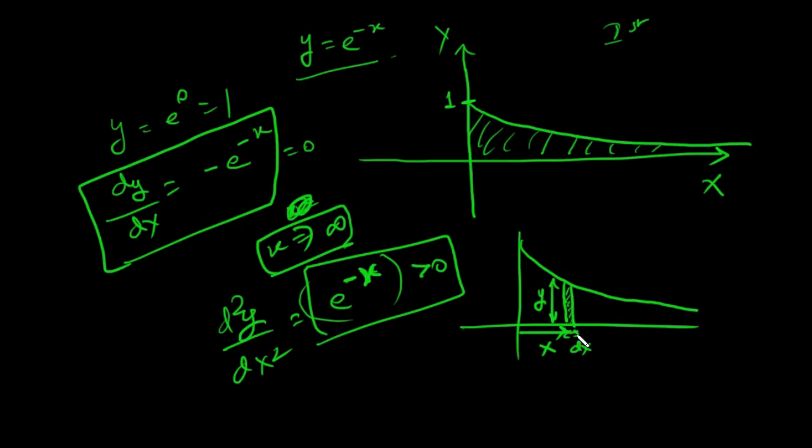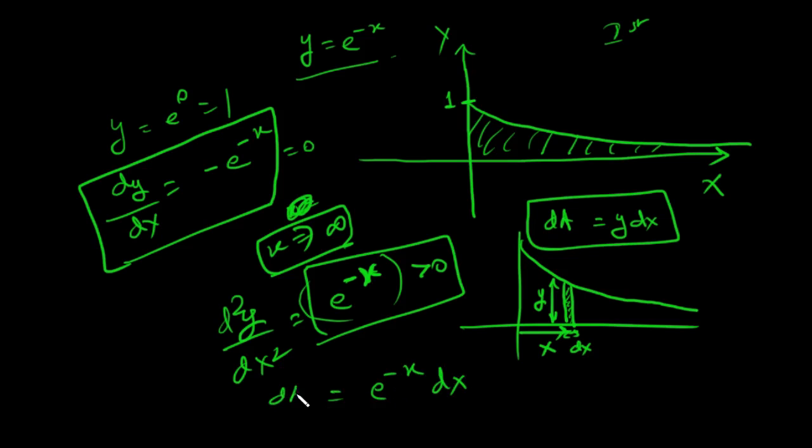Obviously this strip has a breadth of dx and length is y, so y times dx. Area of a rectangle is y times dx, right? So y was e to the power minus x times dx. This is dA. Now we just integrate this, from 0 to infinity. This will be 0 to a.